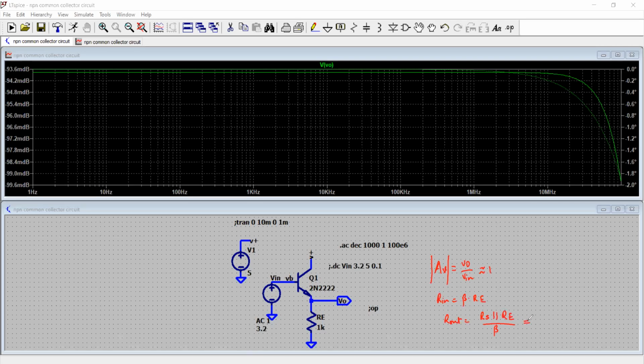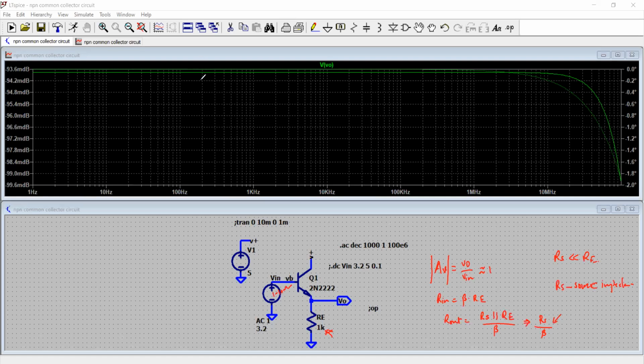So it can be approximately equal to RS over beta, where RS is the source impedance, which is very much less than RE, right? So RE is, let's say, 1 kilo ohm, and source impedance is about 1 to 10 ohms. That's how you can approximate to this expression.